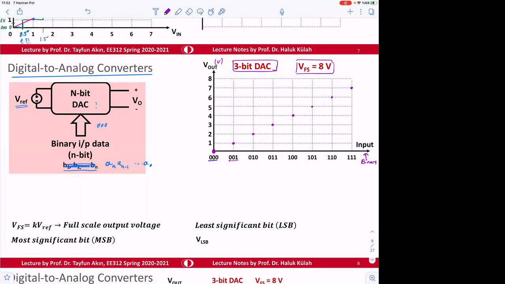So V least significant bit is equal to V full scale divided by 2 to the power n, where 8 volts divided by 2 to the power 3 is going to be 1 volt. So each step, going from here to here, is the least significant bit voltage, which is 1 volt.